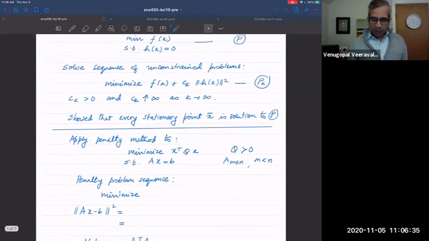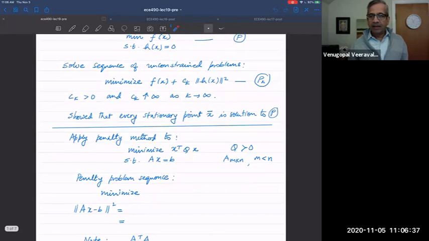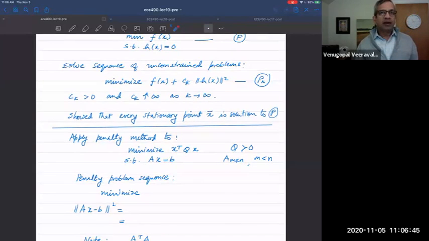Now let's see what happens if we apply this method to a specific problem. Suppose we use this as a numerical way to solve this particular optimization problem with equality constraints. This is a strictly quadratic function, so Q is positive definite, and we have linear constraints, and we'll assume that m is less than n.